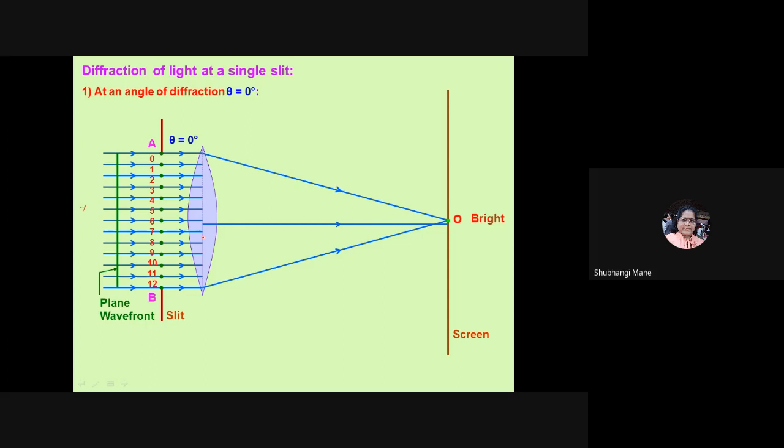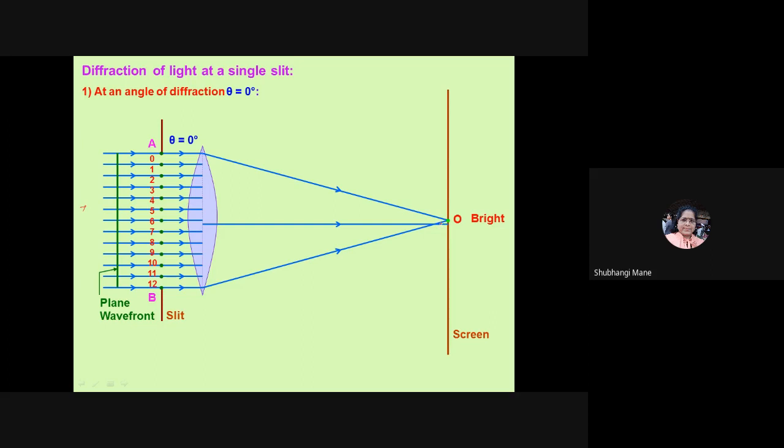The obstacle here is the slit, whose width we are assuming as the obstacle. So the distance between the source to the slit or obstacle, and obstacle to the screen, is finite in case of Fresnel's class of diffraction.